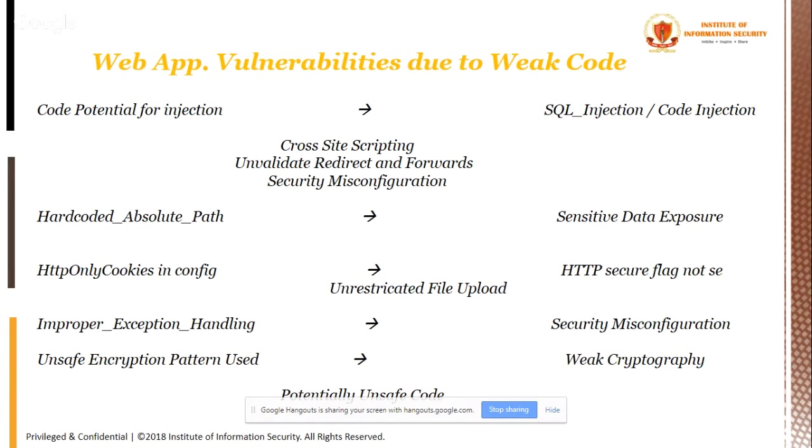If the user enters ls, or dir, or a cat command, all these things come under potentially unsafe code. These are some of the vulnerabilities I gathered which arise due to weak code, and we provide the mitigation for weak code as well.